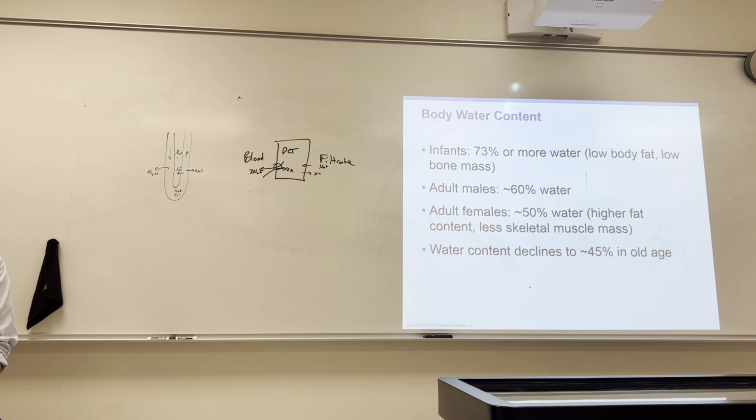They're kind of crispy, and they're only about 45% water. In between, females are about half, and males about 60%. The difference between water content in males and females is just based on testosterone, muscle mass. You've got more water content. So, half-ish. But what this means is that infants and old people are much more susceptible to fluid imbalances because they're kind of on the extreme either way.